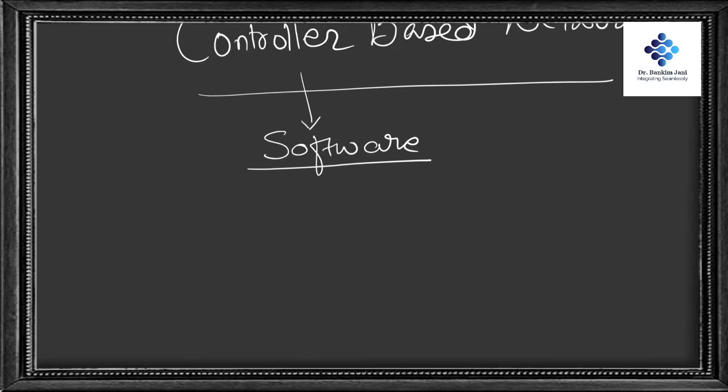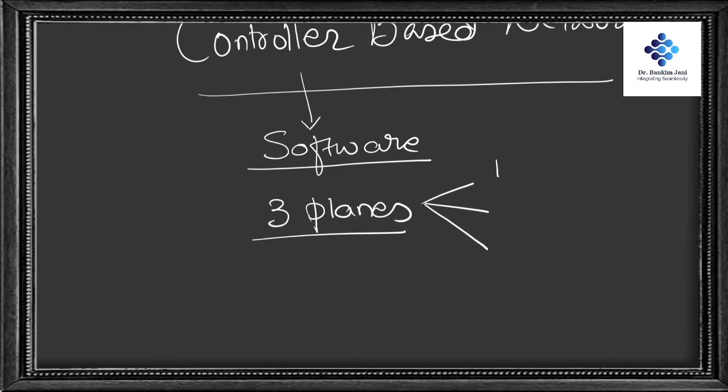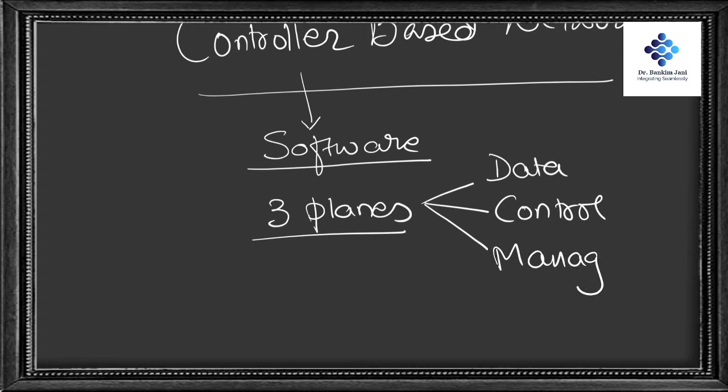To understand it, the foundation is the three planes which will be operating at various levels. These planes are: one is data plane, second is control plane, and third is the management plane. And these are the three planes on which we'll be working.